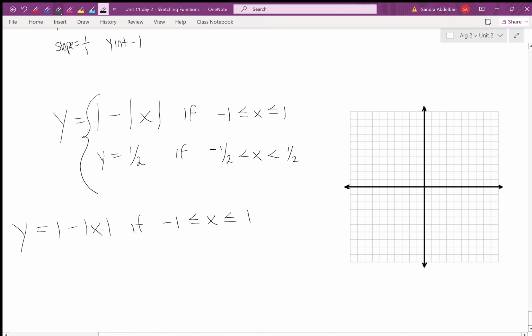I hope that you all recognize that 1 minus the absolute value of x is the same as saying the negation of the absolute value of x plus 1. Aren't these two the same thing? But the second way I wrote it, isn't it a lot easier to visualize what that looks like?